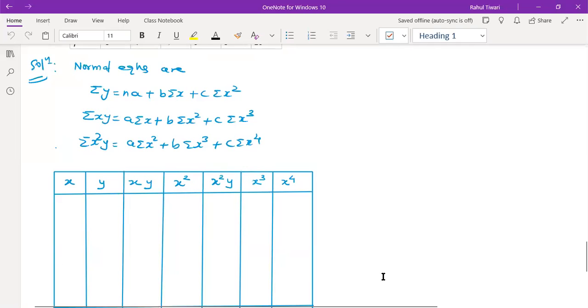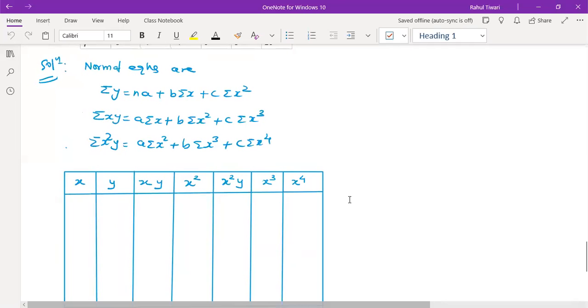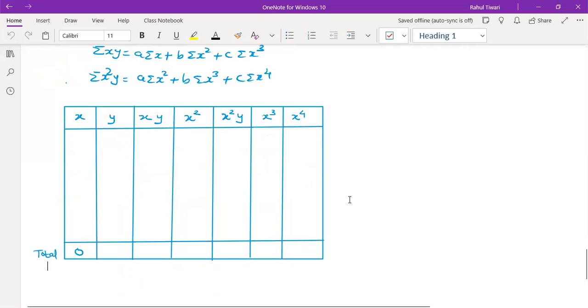And I told you to take this data, simplify it and tell me the answer. Yes, anyone solved this problem? Let me know what could be their answer for this. You can write your answer in the chat box. What could be the value of A, B, C?